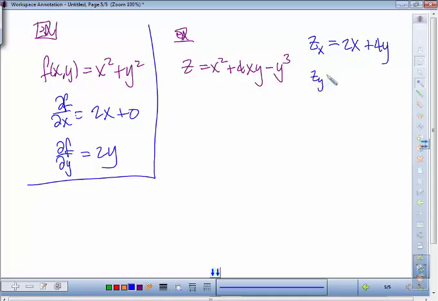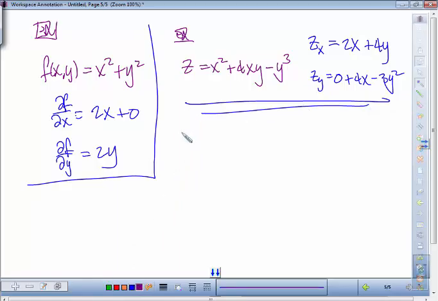Zy is equal to 0, 4x minus 3y squared. Okay. Now one of these is wrong. Yeah. No, I think it's right. Does it look right? All right.